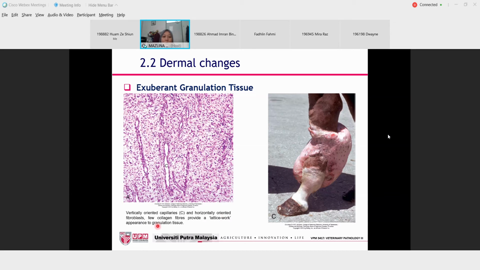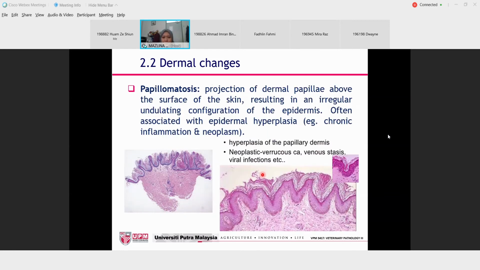And then a few collagen fibers provide a latticework appearance so that the granulation tissue becomes strong. Collagen fibers are usually like pinkish strands, but sometimes it is easier to visualize them with special stains, like Masson's trichrome or maybe Van Gieson stain, okay?